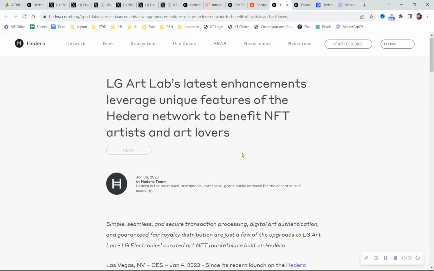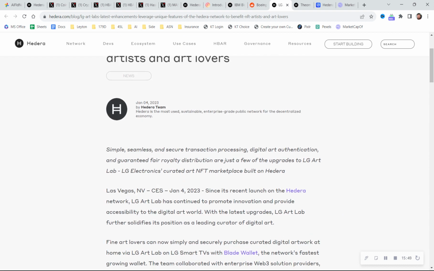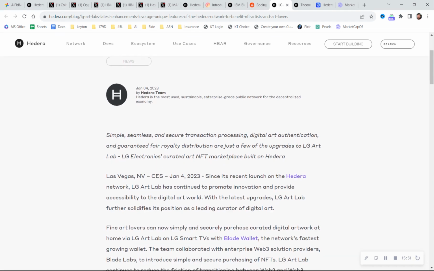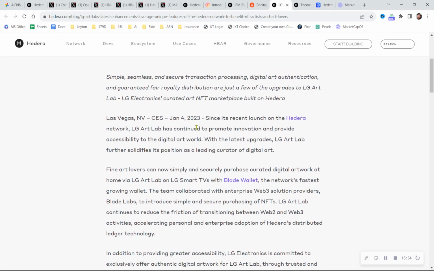I'm not too interested in NFTs where they currently are right now, which is essentially only cartoons and pictures. But LG has also gotten in early, and earlier this year in January, they announced a collaboration with HBAR where they are making it that much easier to show your NFTs on LG TVs right out of an HBAR wallet.